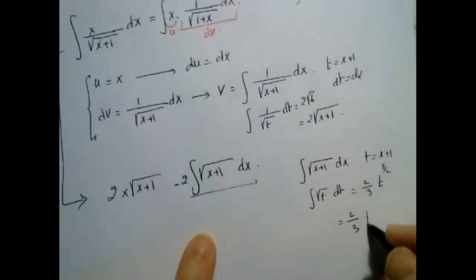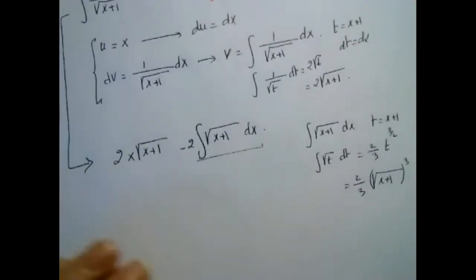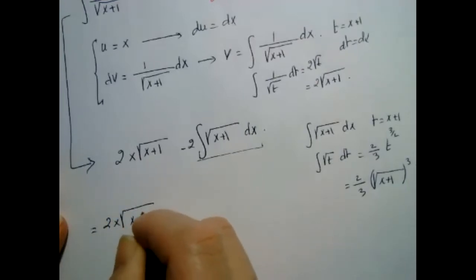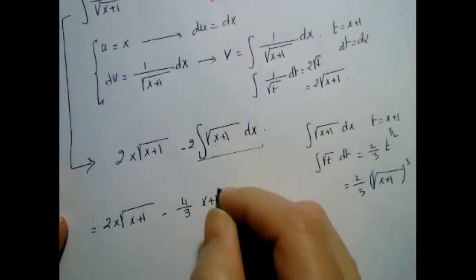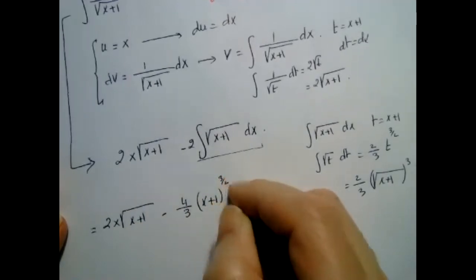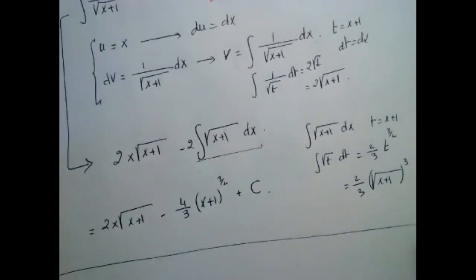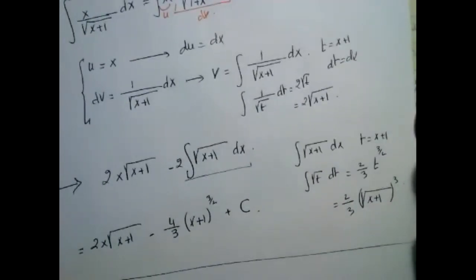It means 2/3 times x plus 1 to the power 3/2. Okay, so finally I would get 2x square root of x plus 1 minus 4/3 x plus 1 to the power 3/2 plus c. So if we did by parts, that's exactly how we're going to do it. Any questions?